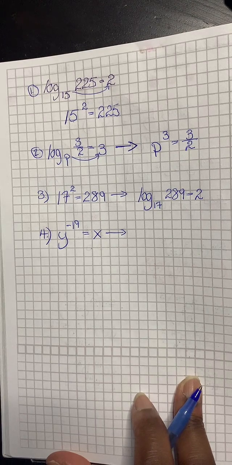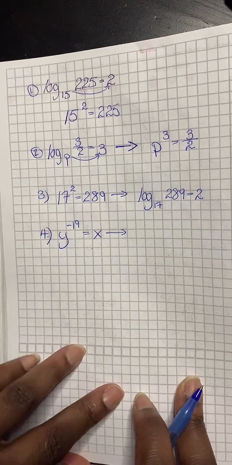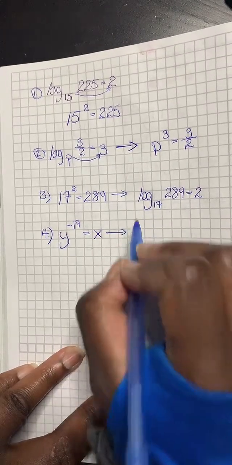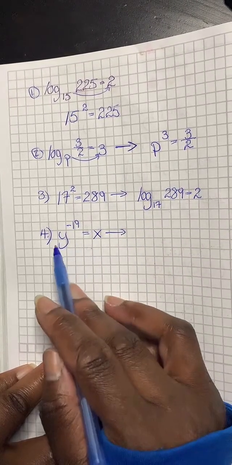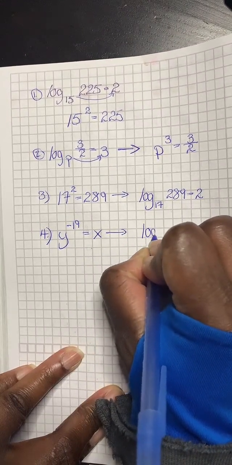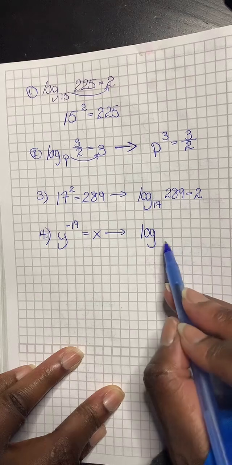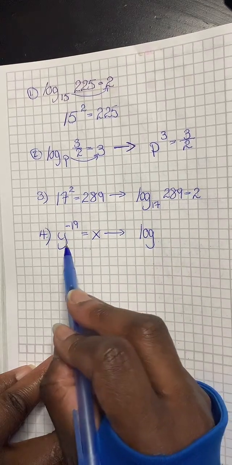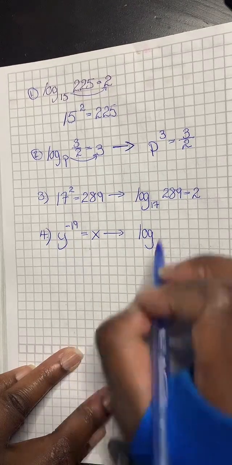Okay, so we have y to the exponent x equals negative 19. We have log y. All right. So we're starting off. Since I don't have any e's, it's a common log. You always put the base as a subscript. So the base is y.